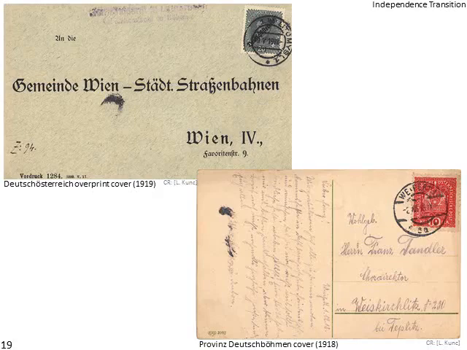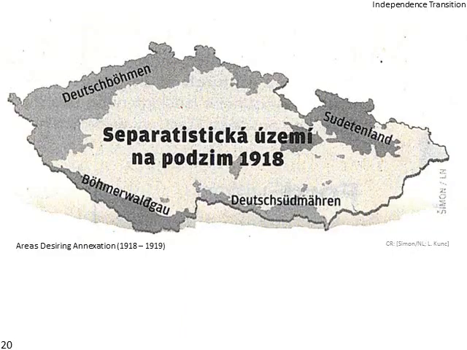The second cover bears Austrian franking but is cancelled in Wiepert of western Bohemia, that's Wieperty, 2 kilometers from the German border, and is going to a town near Teplitz or Teplice on 2 December 1918. The slide shows the areas that desired to be joined with German Austria or Germany.